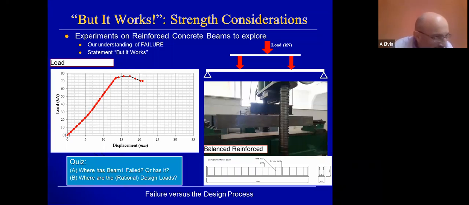So what are my design loads? If my maximum load in the lab reached 77, let's say, 78 or 76, what is my rational design load? Can anybody tell me, please?